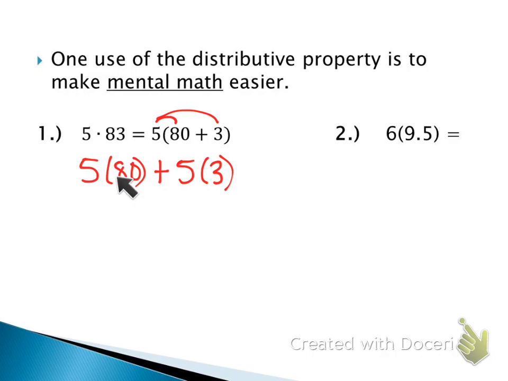These are both products that you should be able to work out easier separated than it is to work it out together. Okay, 5 times 80. Anybody want to raise their hand? Yes, sir. 400. We take 5 times 8 and then add the other 0 on the end. I'm hoping we all know 5 times 3 is 15. Those two numbers are pretty easy to add together.